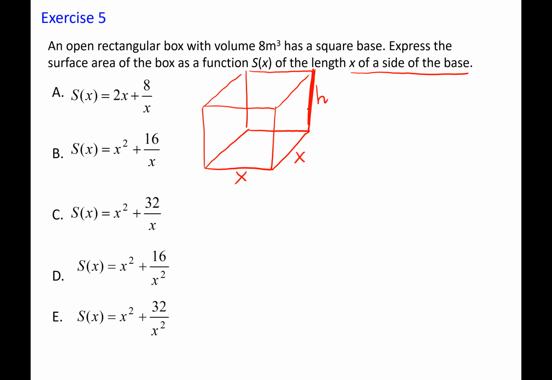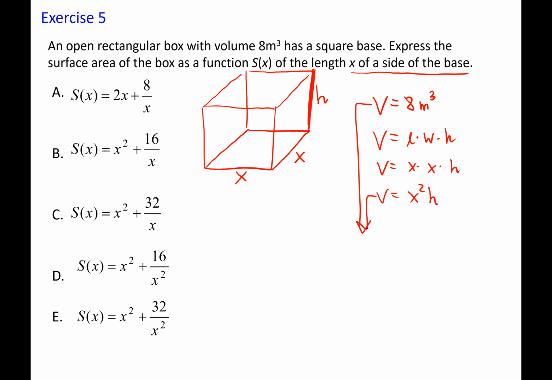We know that the volume is 8 cubic meters. Volume is also length times width times height. x times x is x squared. And now, combining this and this, I can get an equation.